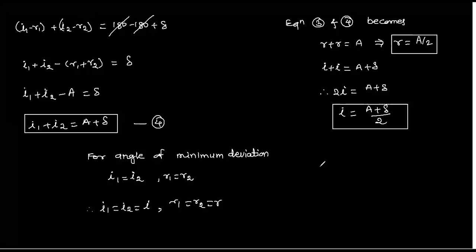So let's use the formula now. Therefore, the refractive index of the material of the prism we want to find.